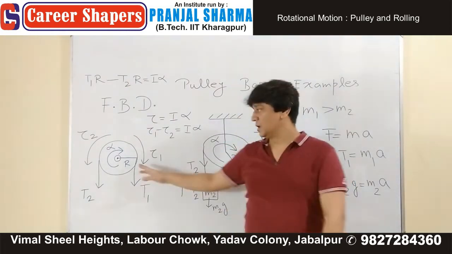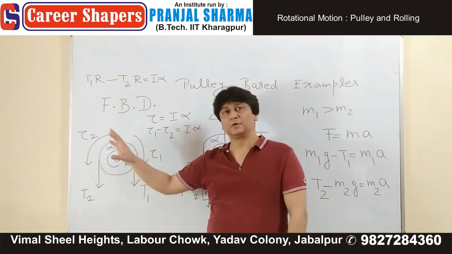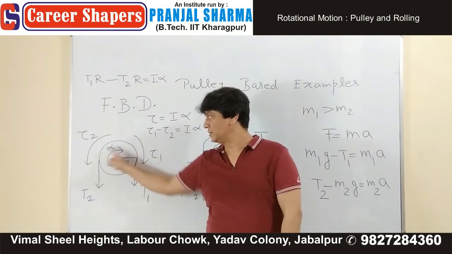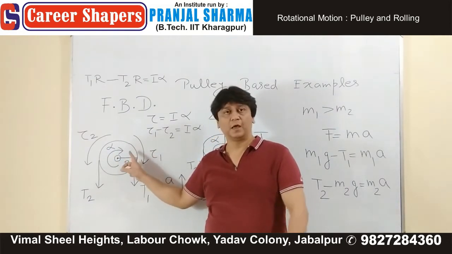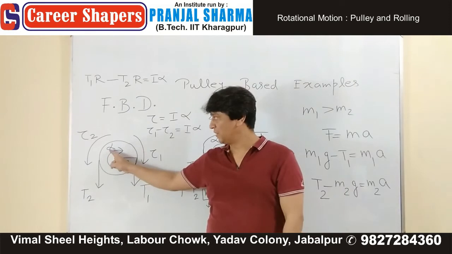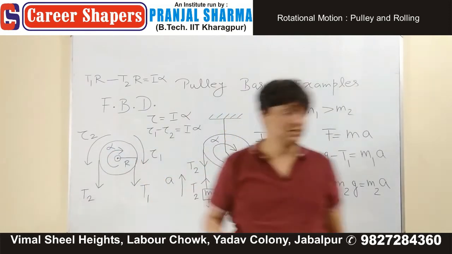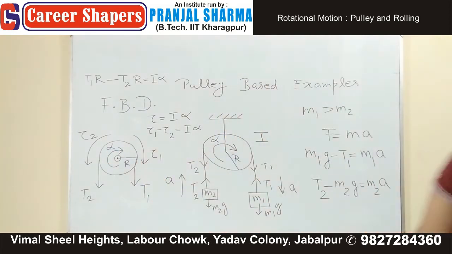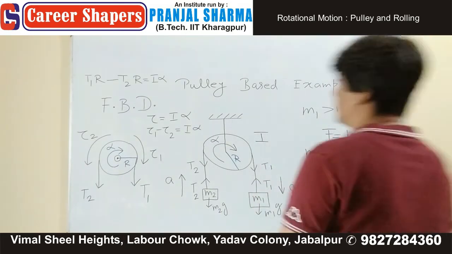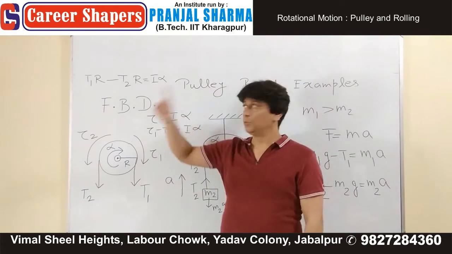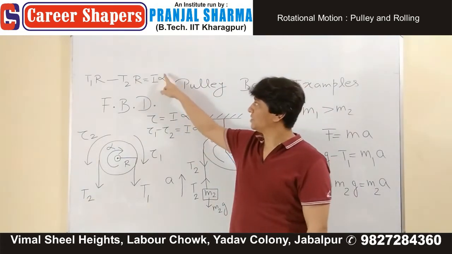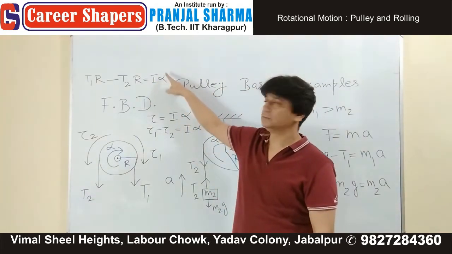Again, in laws of motion, there was no friction present between pulley and rope, and therefore alpha was not present. If alpha is not present, then this becomes what? 0.